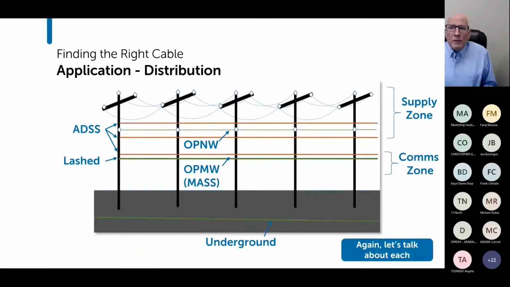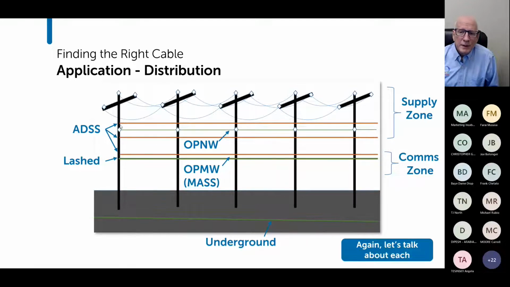All right, so we talked about transmission applications. Now let's talk about distribution applications. And I want to point out that in the distribution world, we'll talk about the supply zone versus the communication zone. So ADSS can be used, a typical distribution circuit, you have your phase conductors and you have a neutral lower beneath the phase conductors.